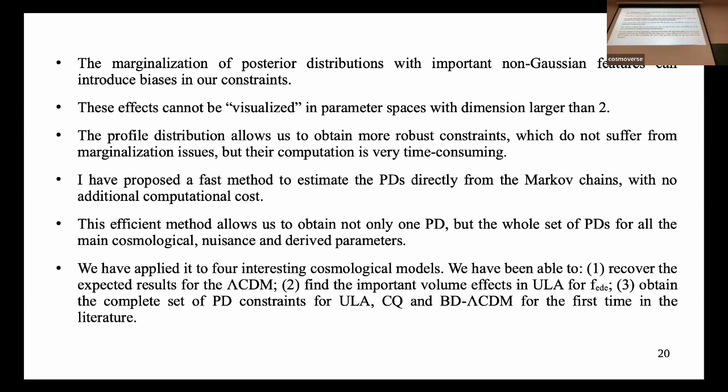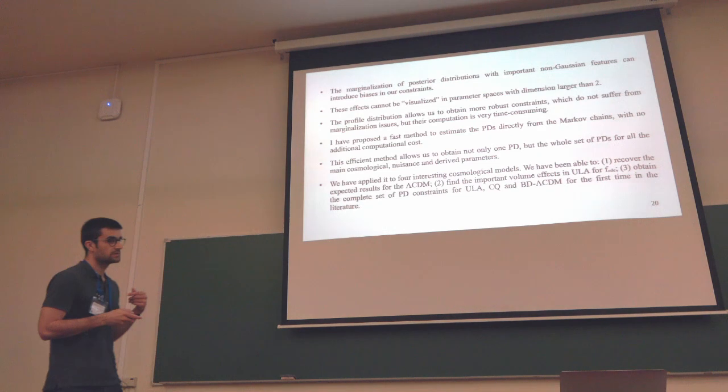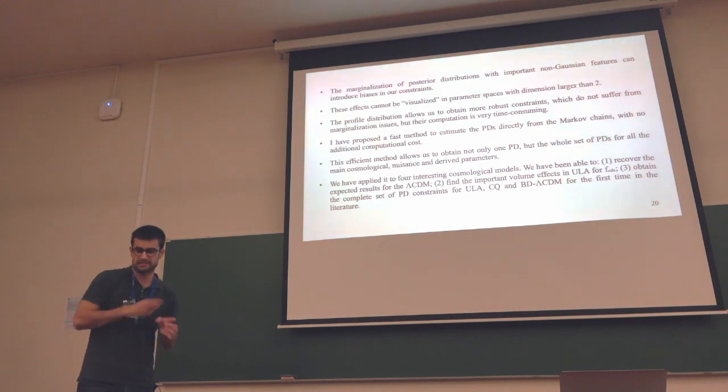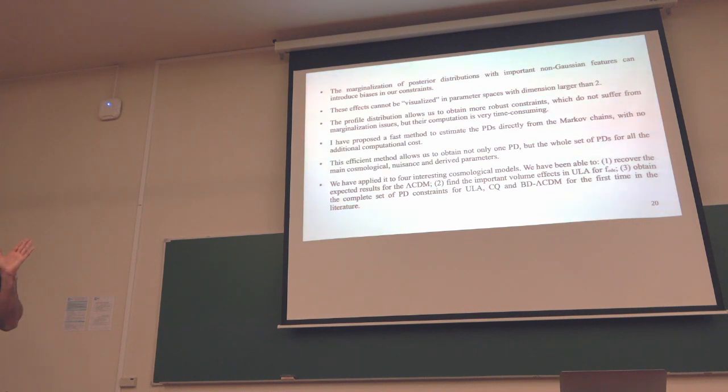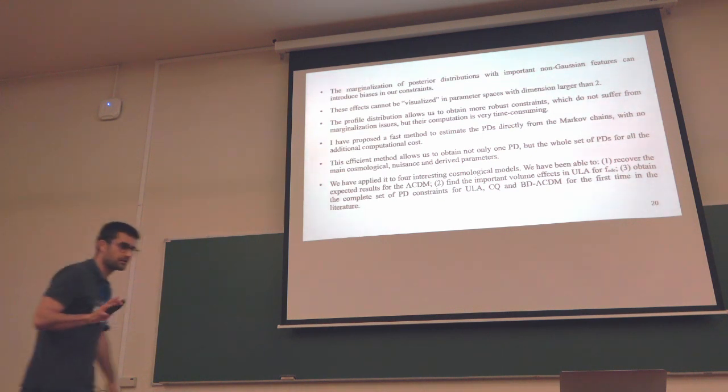We find that volume effects play an important role in early dark energy. Okay, and in contrast to other previous analyses in the literature, we have been able to provide full profile distribution constraints of the theory. This has been done for the first time in the literature. Okay, that's it.